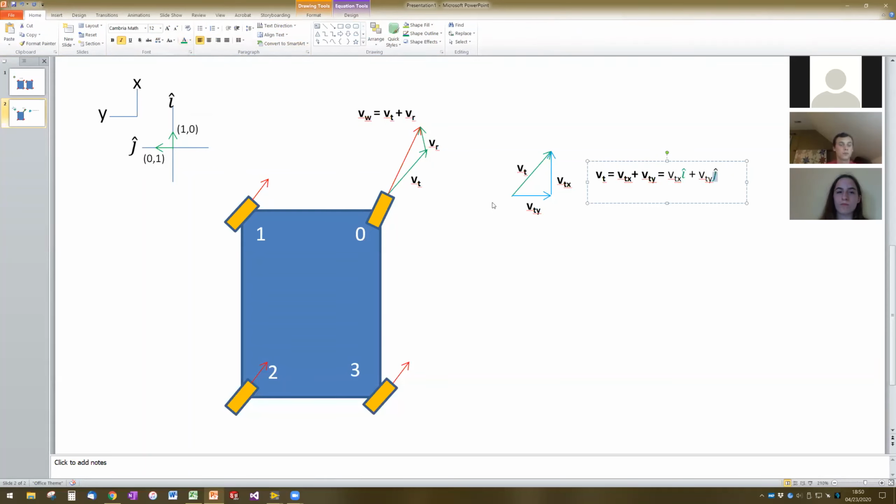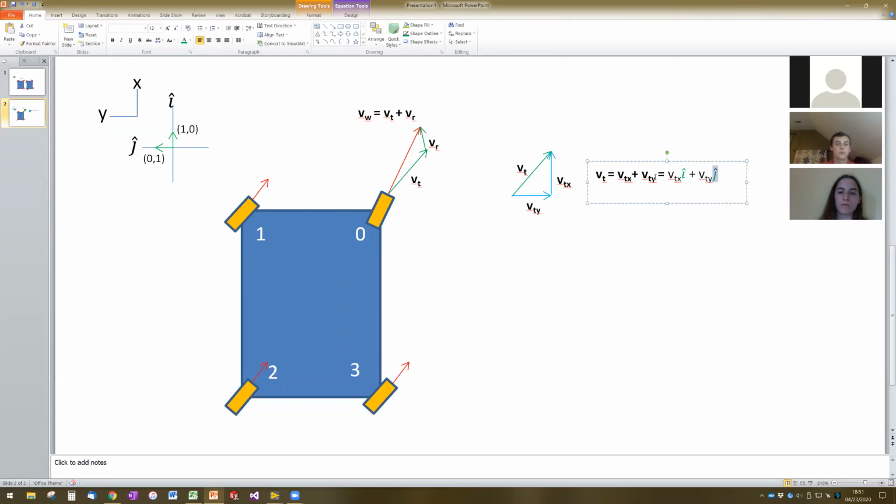And so what we have is two scalars, the magnitude of Vtx and the magnitude of Vty, multiplied by something that doesn't have a magnitude, but its magnitude is 1. So if you multiply the magnitudes together, you still end up with 1. And its only job is to represent the direction. So this is the magnitude of Vtx in the x direction, and the magnitude of Vty in the y direction.